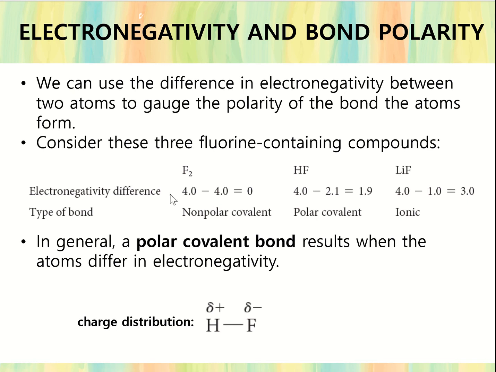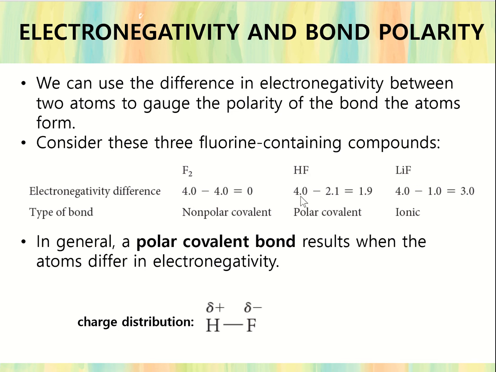These are not random numbers, right? Essentially we have two fluorine atoms with the same number, so the difference between them is 0, and the type of bond is a nonpolar covalent bond.